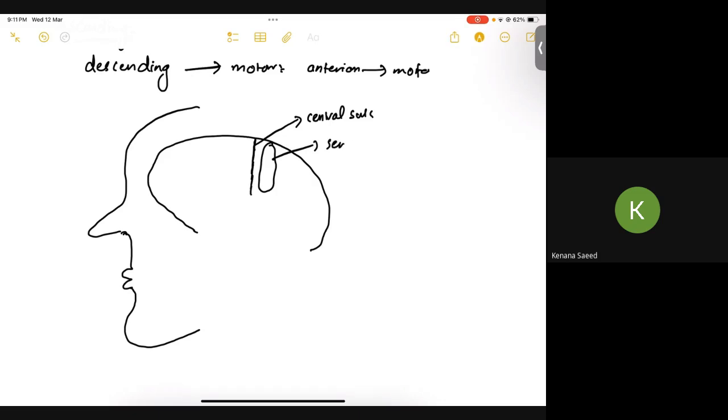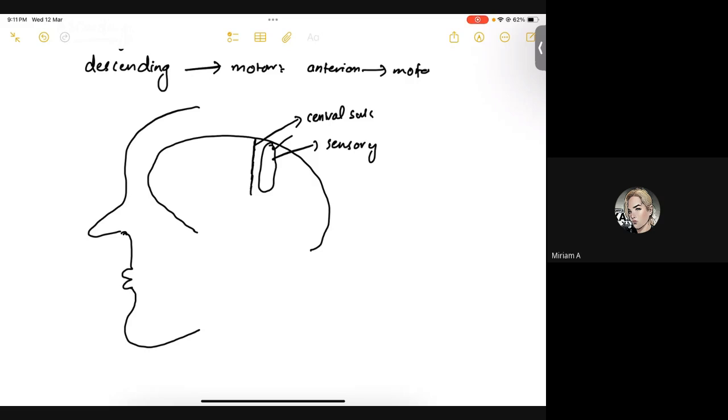As we discussed, your ascending tracts are going to bring information to your sensory area, just behind the central sulcus. It's an area where all of the sensations are ultimately going to come. Is that clear? Yes.